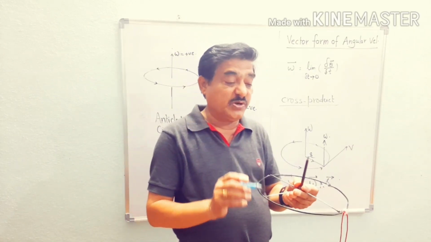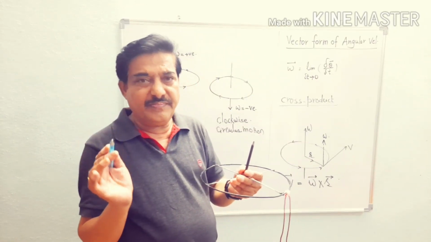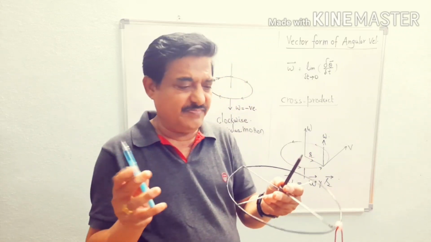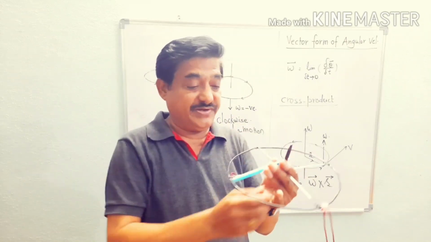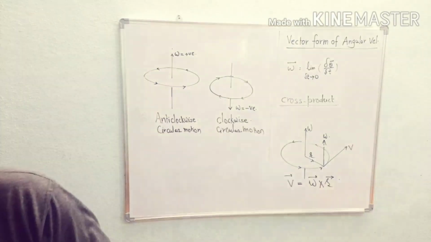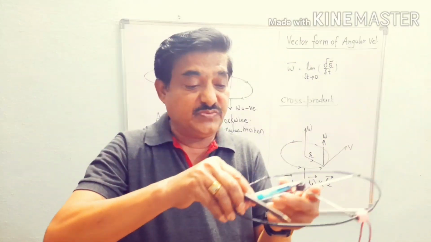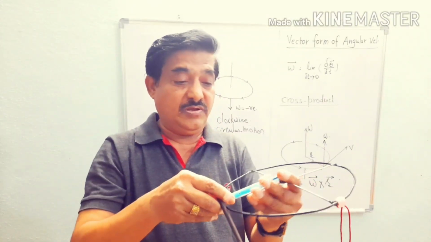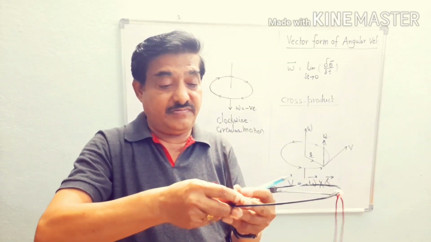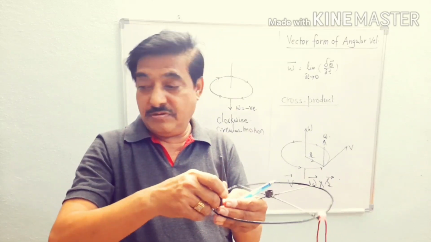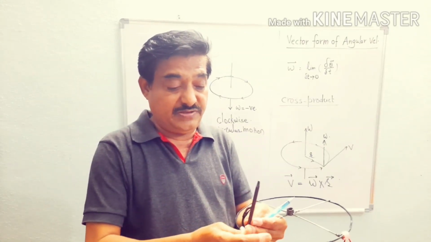To find the cross product of omega, r and v, we will make an arrangement. Small changes will be made here. This is a negative radius vector, and omega is taken parallelly shifted here, and velocity is tangential to the circular path.